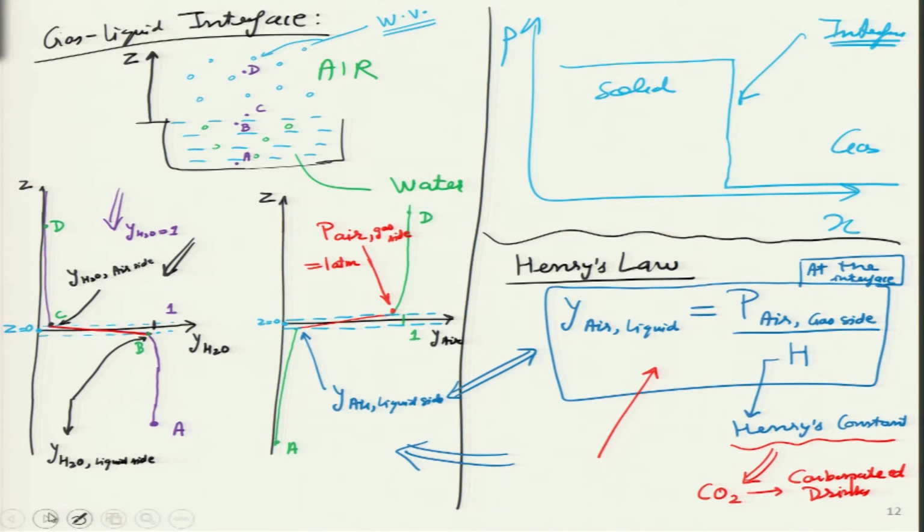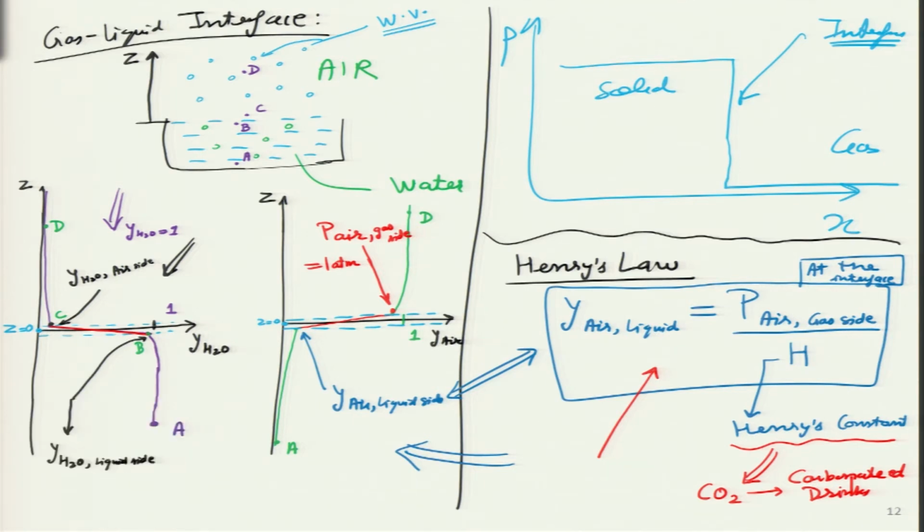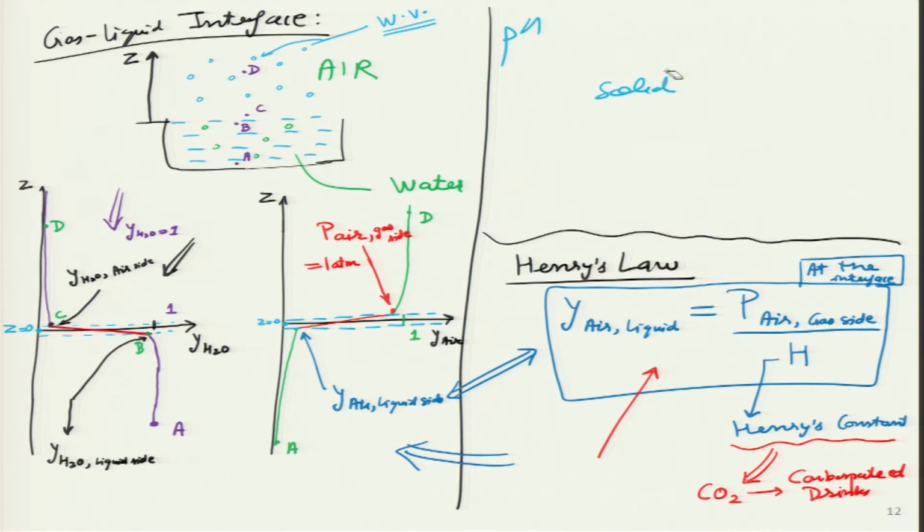In order to move in that direction, let us first look at some typical values of Henry's constant. I am going to create some space on the top side, because I want to write it on the same page where the equation and the constants values are given.